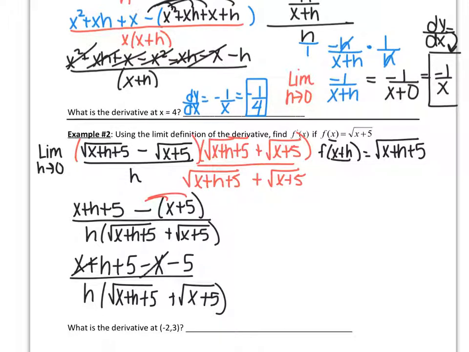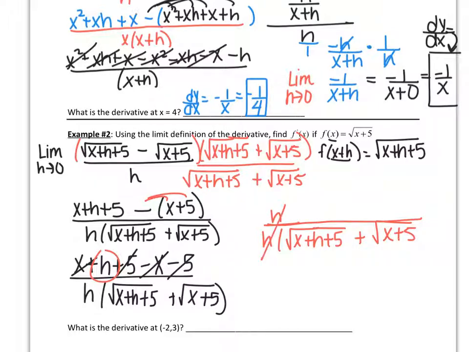So x and negative x, 5 and negative 5. So I'm left with just h over h times this. And it looks as though I can cancel these out, and when I divide them I get 1.